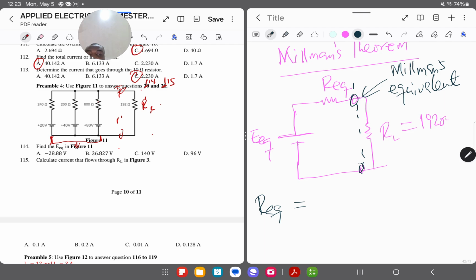So once you've done that, you can see that if we were to do source transformation of this, we have voltage sources in series with what? A resistor. So you can convert that to what?